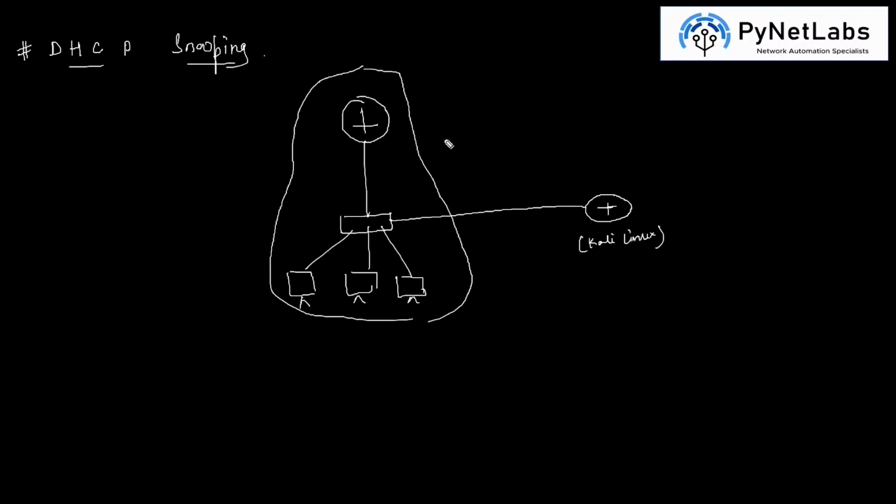And what it does here is it creates a DHCP pool for these devices. So let's say PCA, PCB, and PCC have a pool of DHCP here, and this attacker creates a DHCP pool for these devices with himself as a gateway.